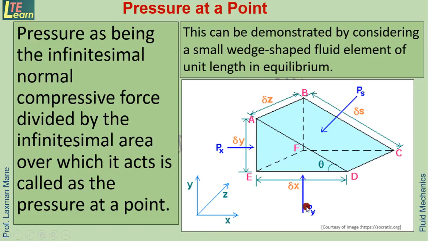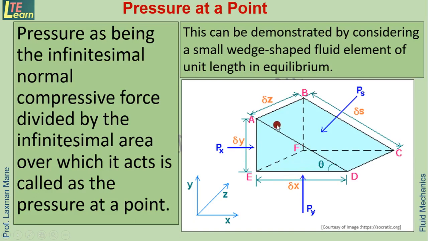Pressure is acting in a vertical fashion, that is along the y axis, that is Py. And on the third plane pressure is acting, that is Ps, acting along the z direction. So these 3 pressure components are acting normal to the respective planes.